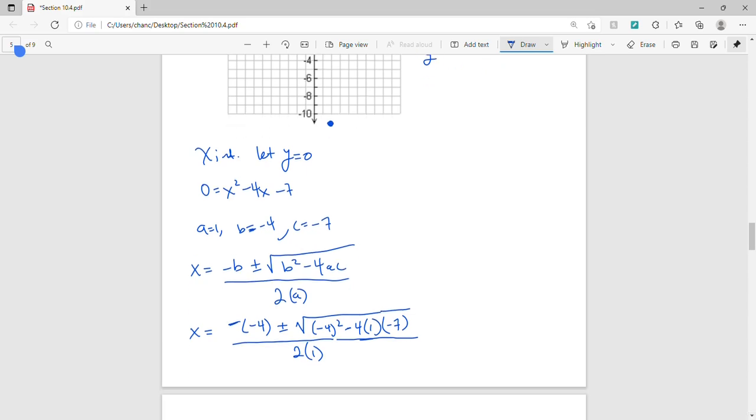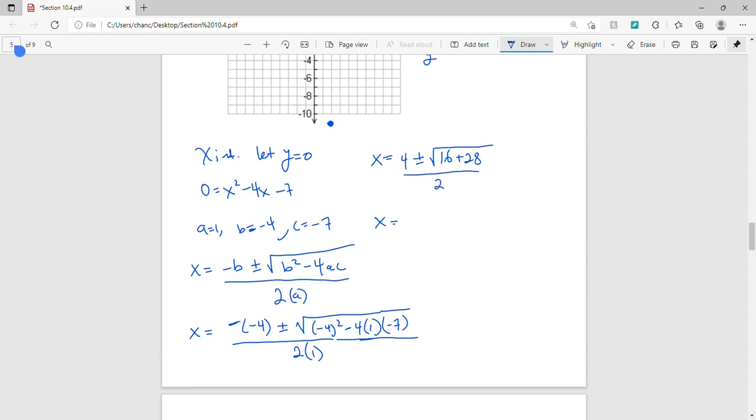And if you simplify the inside here, we have x equals negative 4, which is a positive 4, plus or minus the square root of, we have negative 4 squared, which is 16. Negative 4 times 1 times negative 7 is a positive 28. Divide that by 2.